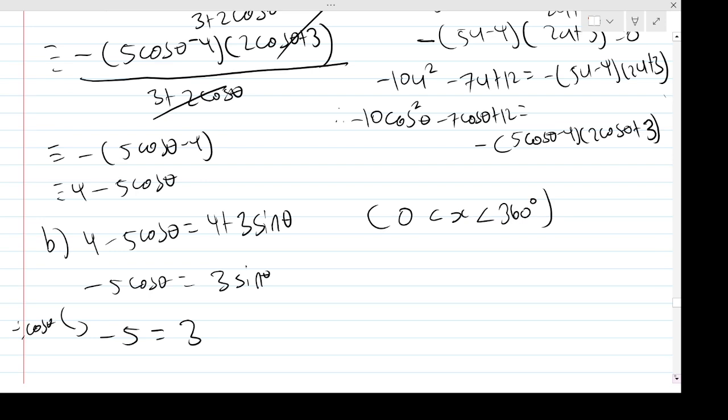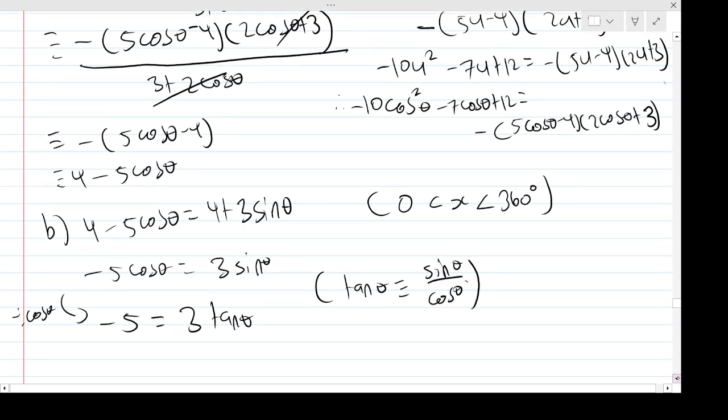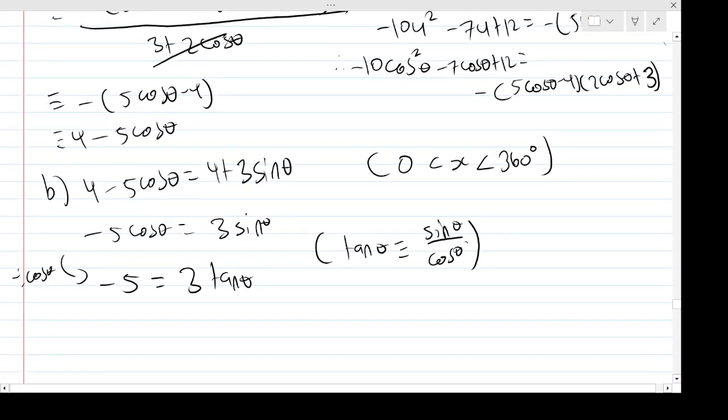Remember that's tan theta, that's the identity: tan theta is the same as sine theta over cos theta. If we rearrange for tan theta by dividing by 3, we get tan theta is minus 5 over 3. Okay, cool.